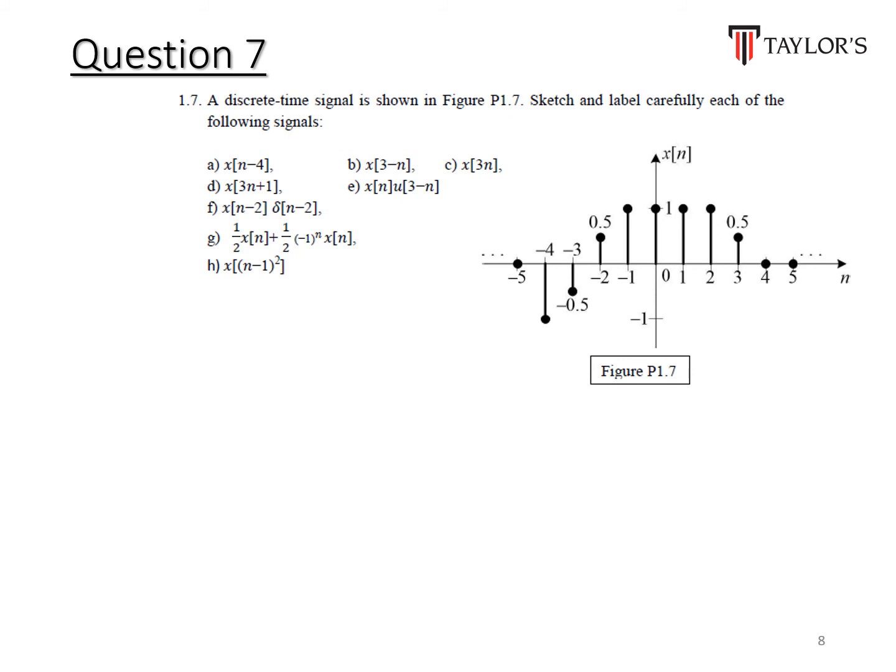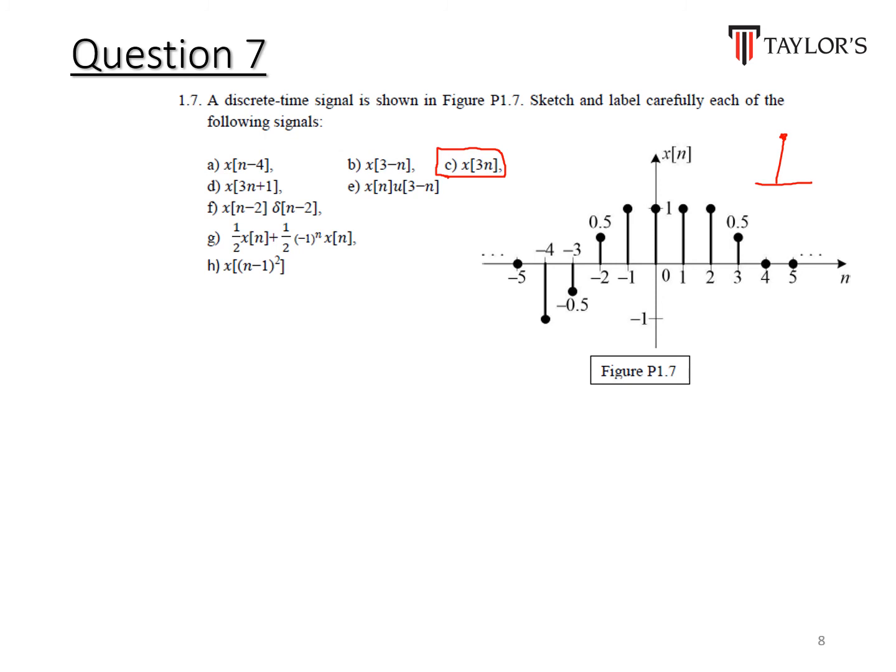This is almost the same question as question 6, except that now it is on a discrete time signal. In discrete time signals, there is one very important concept that you should know, most importantly after your time scaling. Let's say this example. After time scaling, you notice that some of these spikes actually fall on not a whole number.